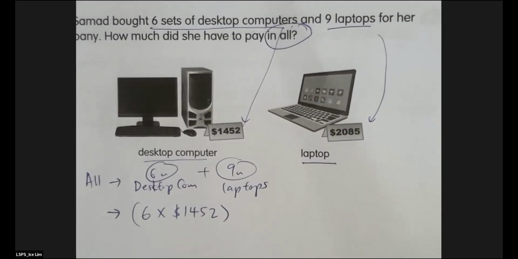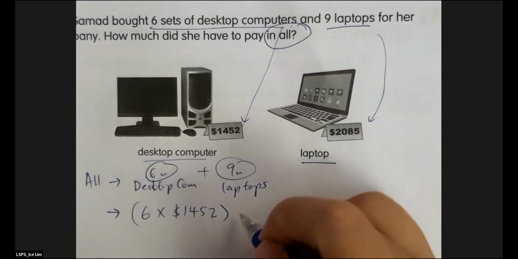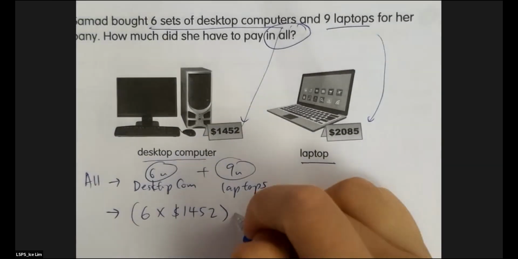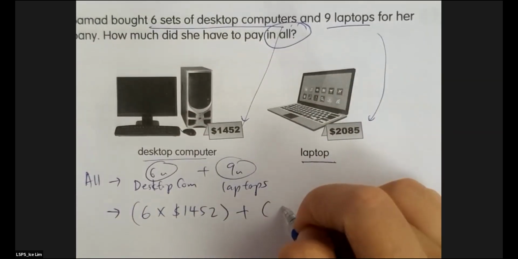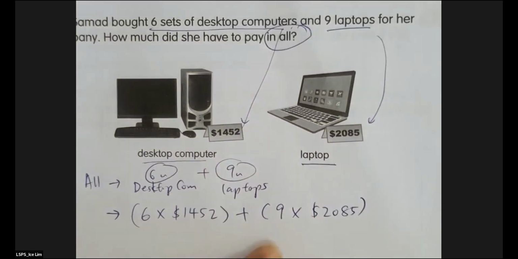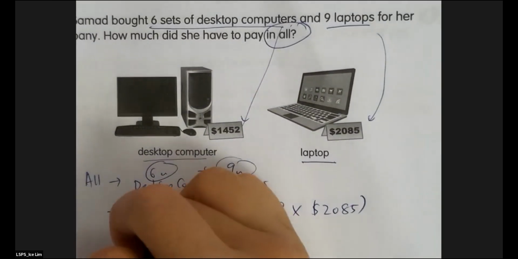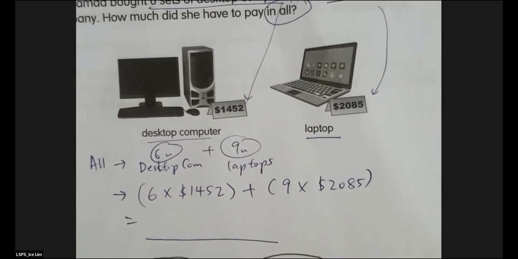So I will just do 6 units of desktop computer, 6 times $1,452 with the brackets, plus open bracket, and then I have 9 units of $2,085. One expression, press the calculator, done.